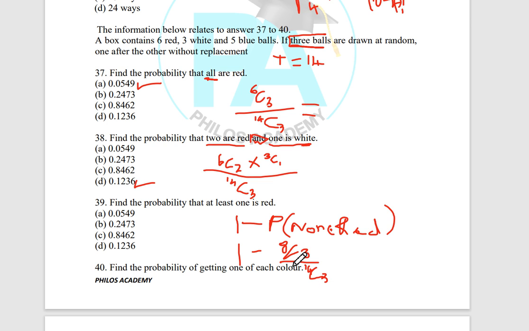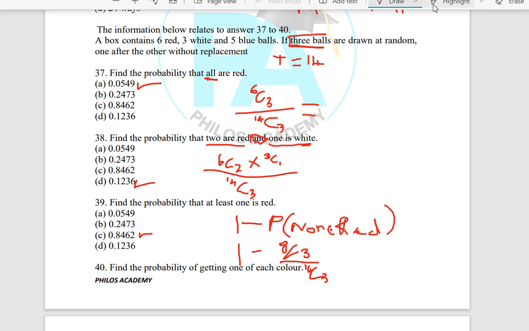So when you fix it on your calculator, this should be separate. 1 minus, then you separate this: 8 combination 3 divided by 14 combination 3. When you solve it properly, I hope you should be able to get C as your answer, 0.8462. Okay, so that's the correct answer for question 39.